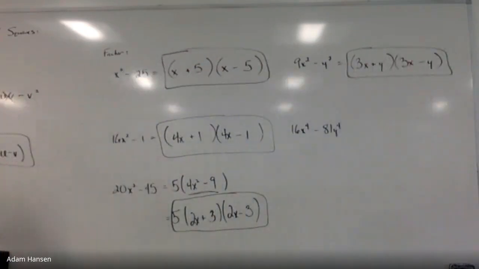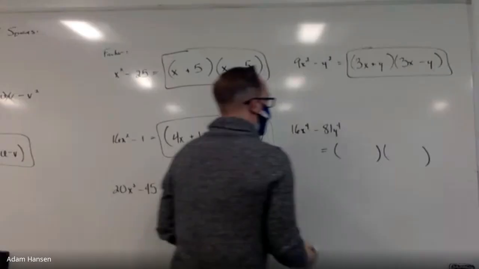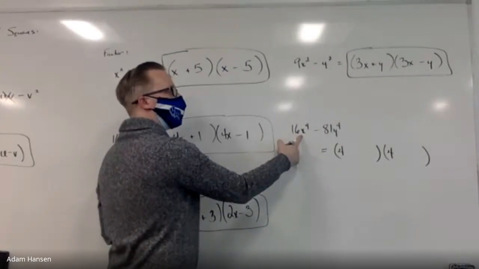Now we've got some higher exponents here. 16x to the 4th minus 81y to the 4th. I think I've still got a difference. X squared times x squared.